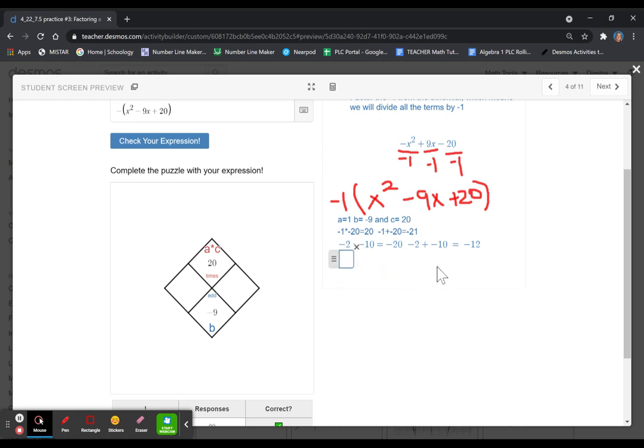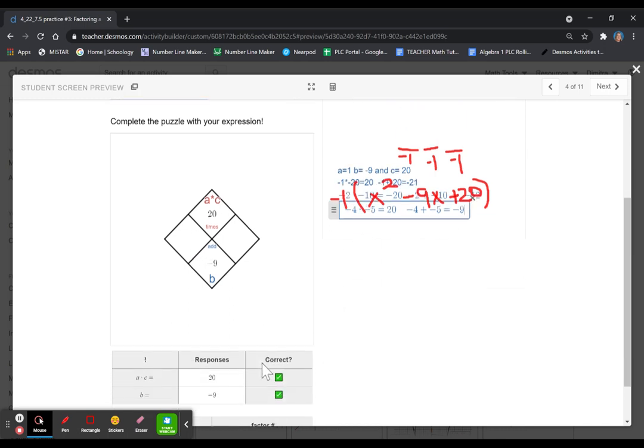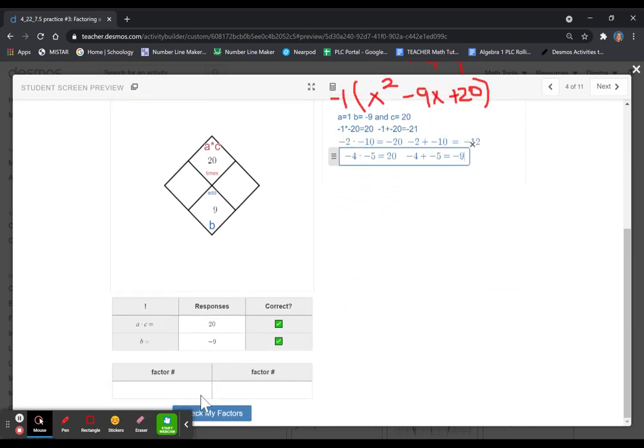No, but 4 does. So -4 times -5 is equal to positive 20, and -4 plus -5 is equal to -9. Well, there we go. So our factors must be -4 and -5. Let's put them in and see if they're right.